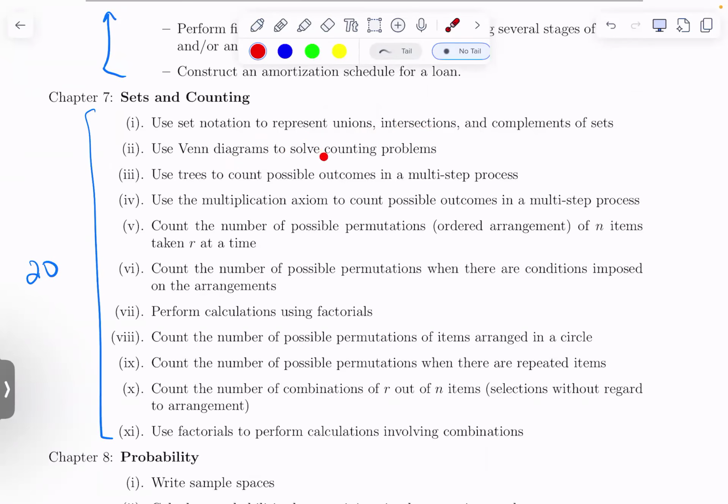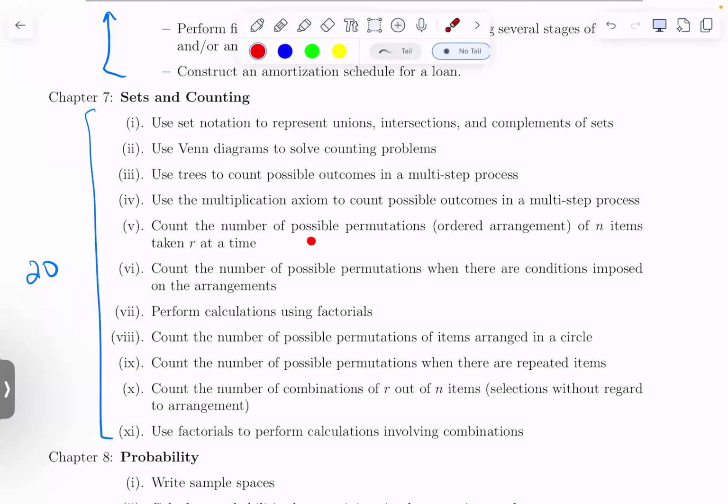Saw that on test 2. Use trees to count possible outcomes in a multi-step process. The multiplication axiom to count possible outcomes in a multi-step process. Those are the slots, right? Using the slots to solve the problems, which I find you can use the slots for a lot of these problems, right?